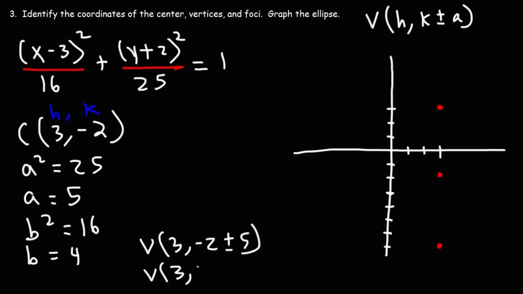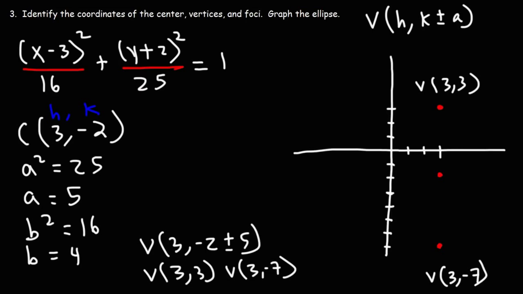Negative 2 plus 5 is 3, and negative 2 minus 5 is negative 7. So here, this point is at 3, comma 3, and this point here is 3, negative 7. So those are the coordinates of the major vertices.